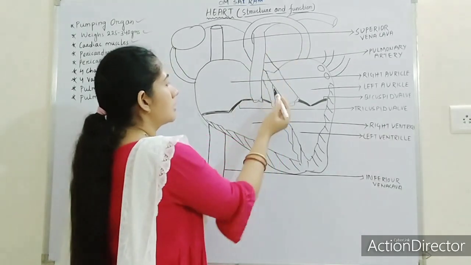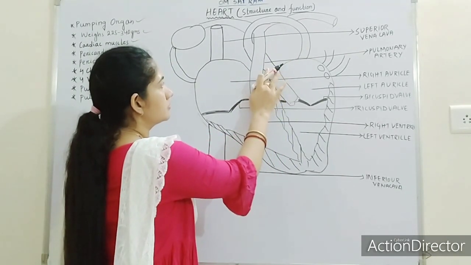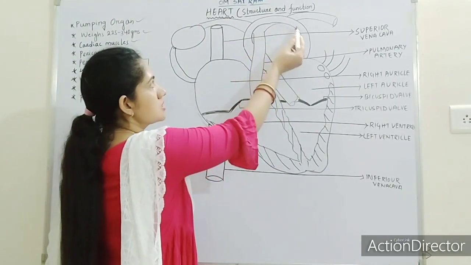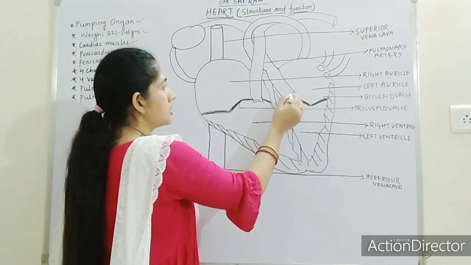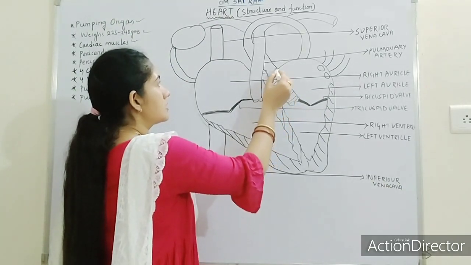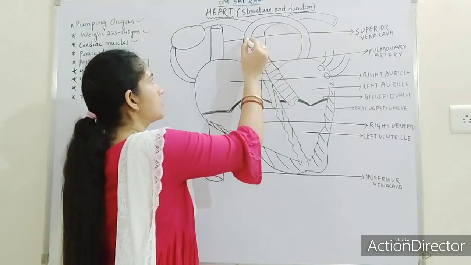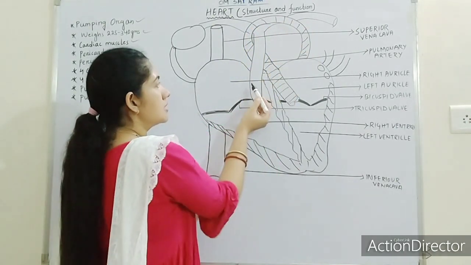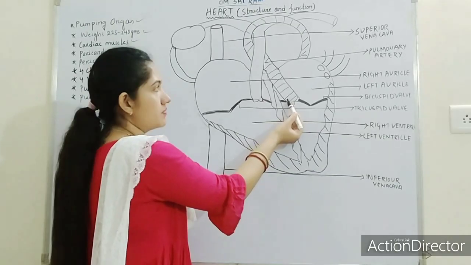Next, again here you can see this is another pipe. Here let me draw it like this so that you will not have any confusion. This pipe is different and this pipe is different.